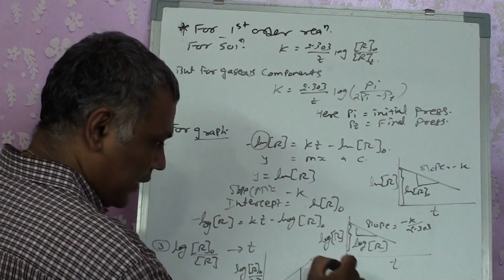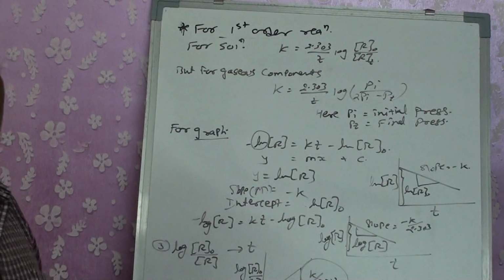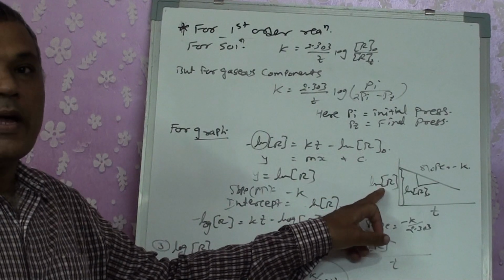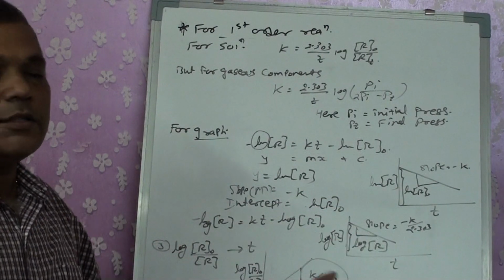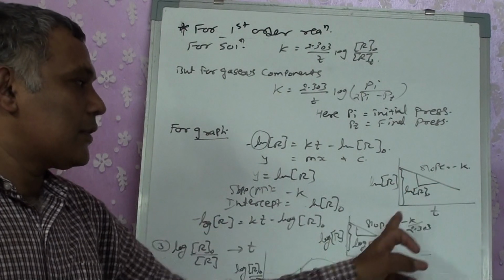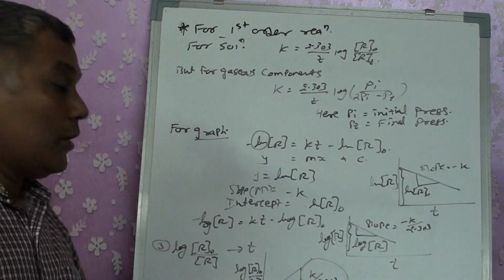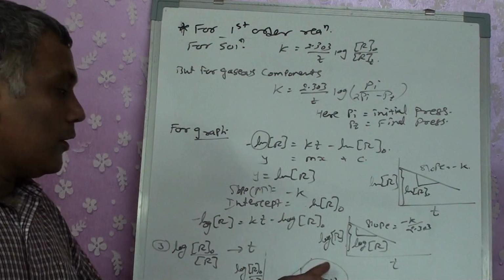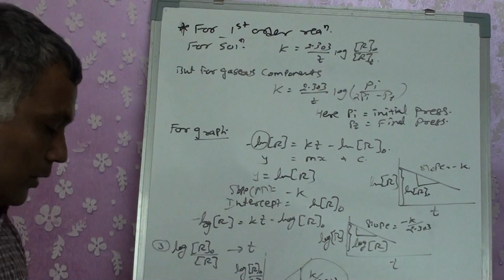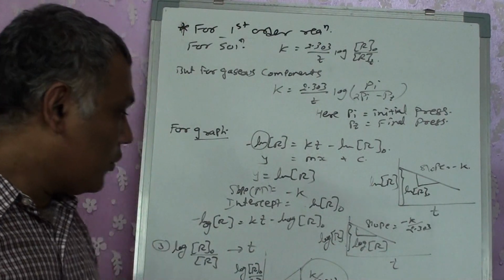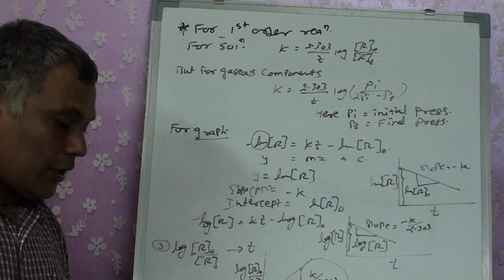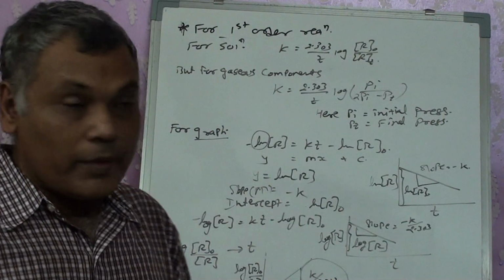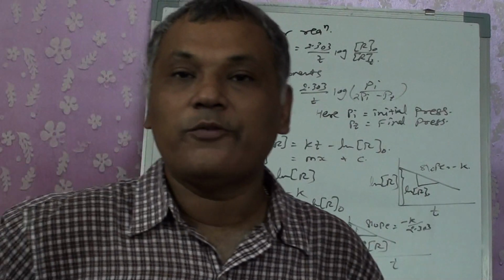This time we are getting the slope positive. So make sure that if you have been asked to plot a graph of ln R against t or log R against t, slope will be minus k or minus k by 2.303. But if you have been asked to plot a graph of log R naught by R against t, we are getting the positive slope, and the slope is equivalent to k by 2.303, right?